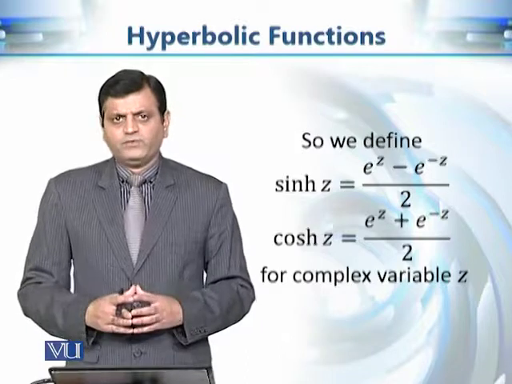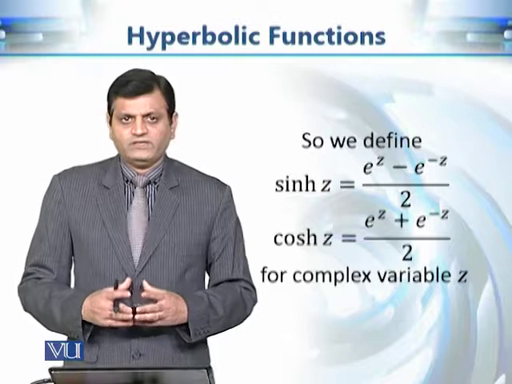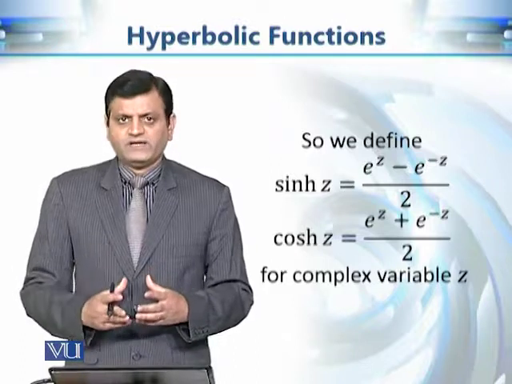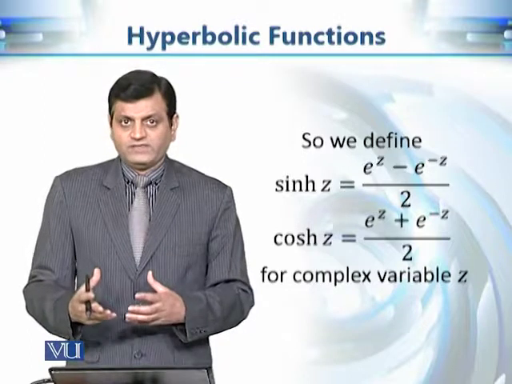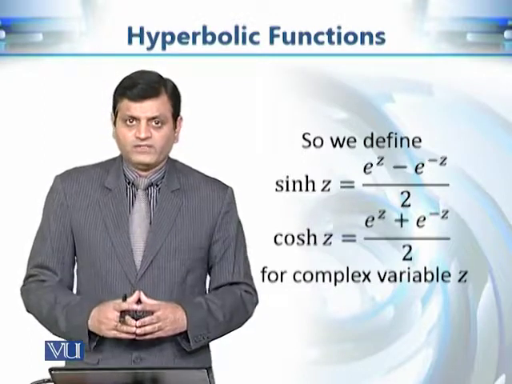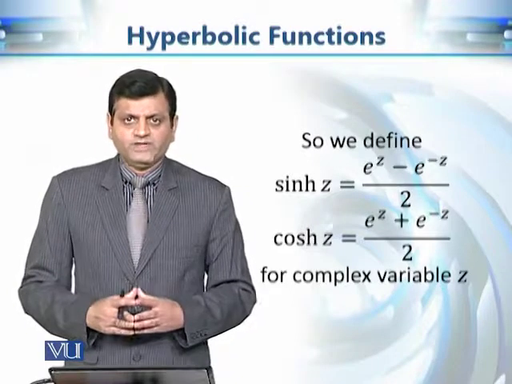Of course, if you want a series expression of these hyperbolic functions, then you can replace e^z and e^(-z) with their series expressions, and you will get a series expression for sinh z, and similarly for cosh z.